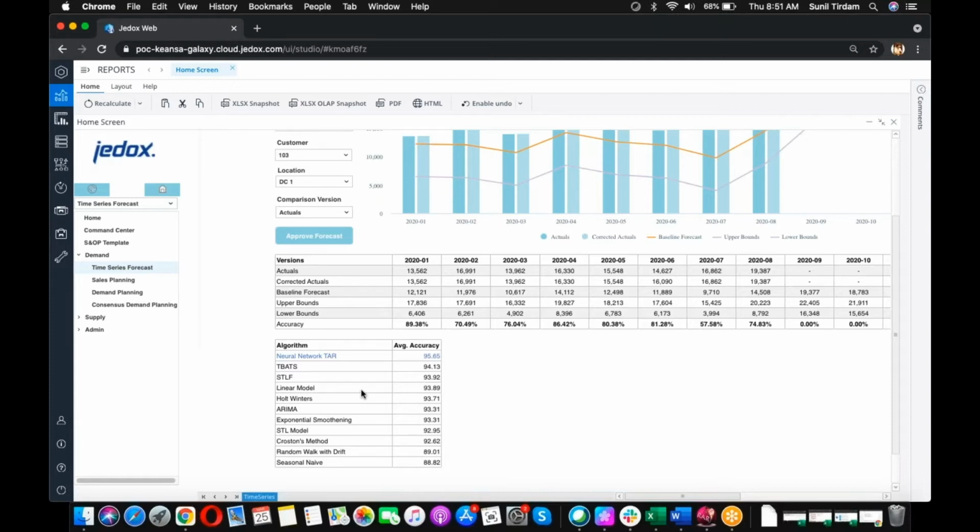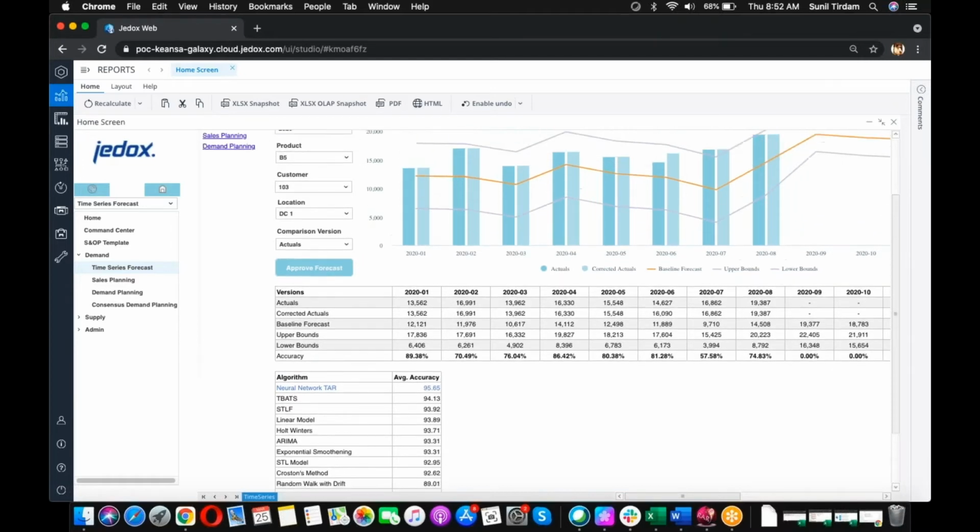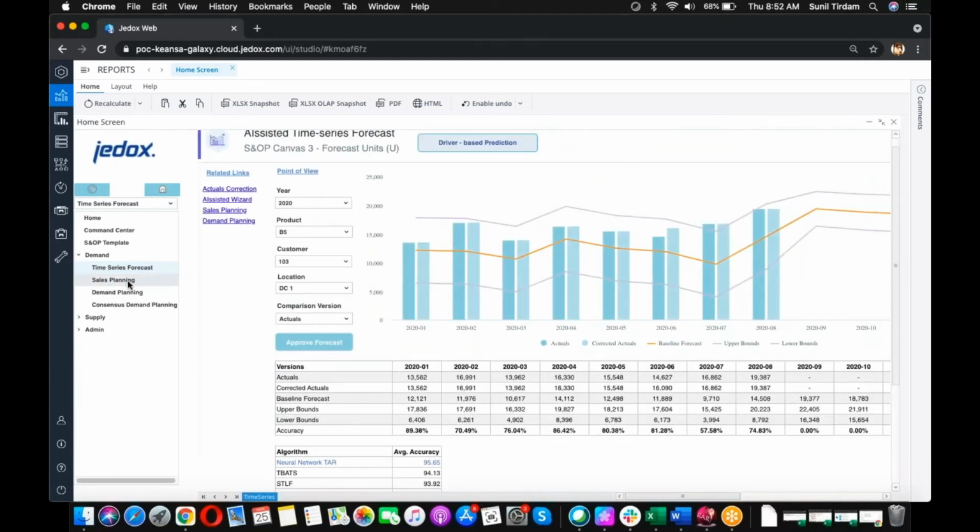It tries to forecast what is known from what is partly known, and then it tries to pick up the algorithm which has the highest accuracy. And the algorithm that has the highest accuracy is picked up as the baseline forecast, and that becomes an input to the sales planning process. Right. So this is in summary what we do in statistical forecasting.